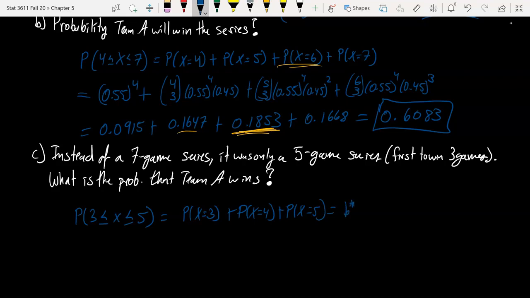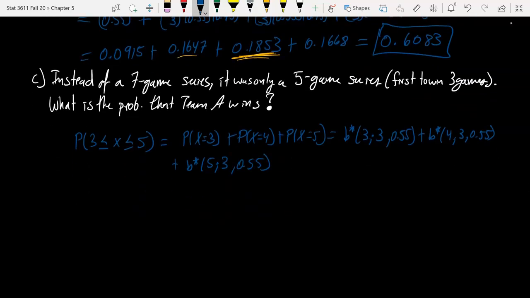This is going to be a negative binomial distribution where you are trying to win 3 games and you do it in 3 tries with a success probability of 55%, plus the probability that it takes you 4 tries to win 3 games with a success probability of 55%, and then plus the negative binomial probability that it takes you 5 tries to win the 3rd game with a success probability of 55%.